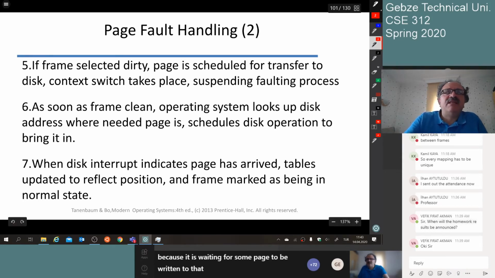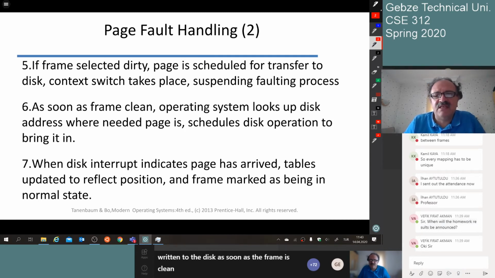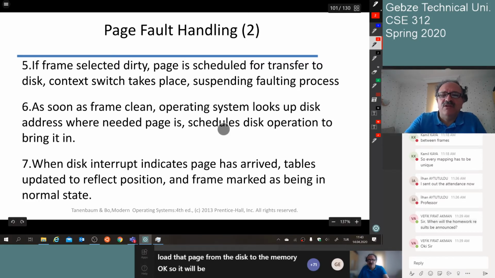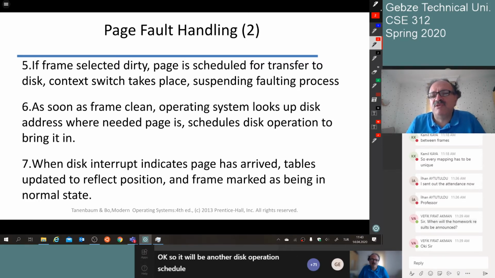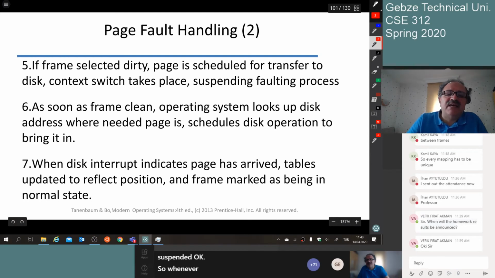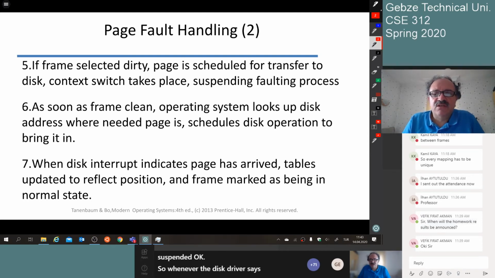As soon as that page is written to the disk, the frame is clean and available. Then now I have to load the needed page from the disk to the memory. Okay, so it will be another disk operation scheduled, and my faulting process is still suspended. Whenever the disk driver says with an interrupt that the page you are loading is available, the operating system kicks in again and updates all the tables.